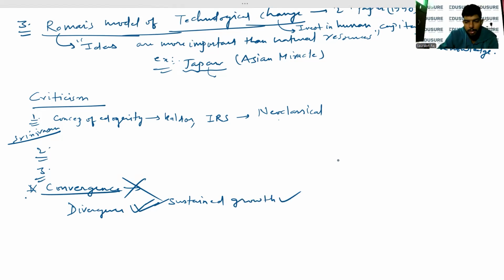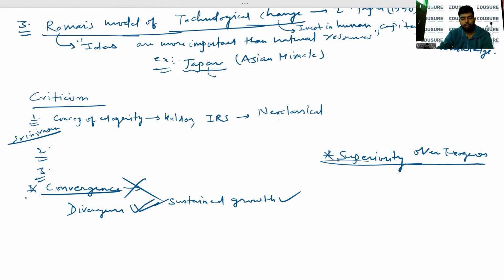Then we will talk about the key superiority over the exogenous model, meaning how it is better than the exogenous model. First, the growth is self-sustaining.